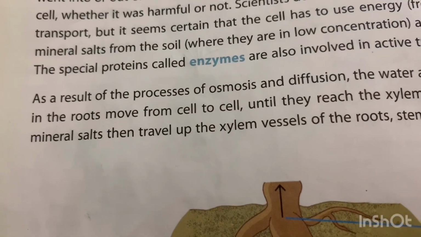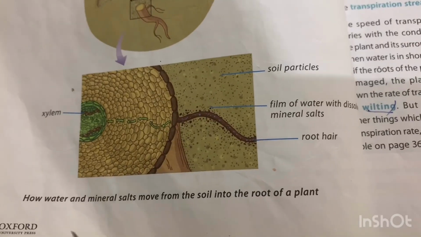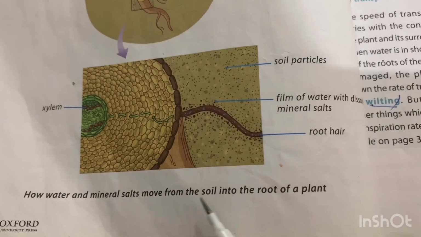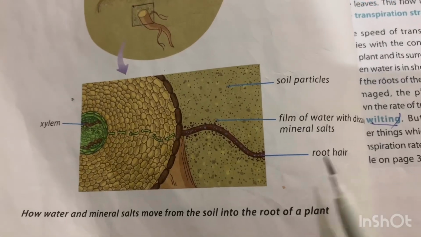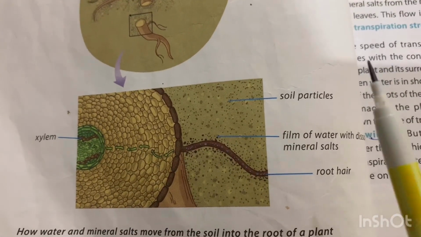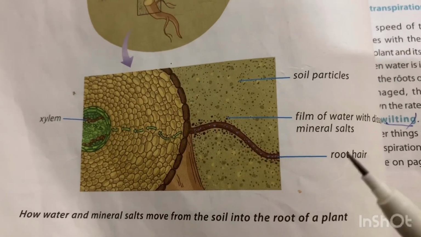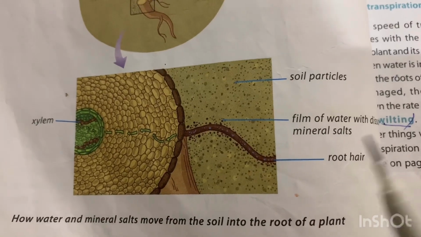Special proteins called enzymes are also involved in active transport. In the diagram of how water and mineral salts move from the soil into the root of a plant, this is the root here. Although I have elaborated enough in my previous slides, it's important to show you the diagram that's mentioned in the book also.